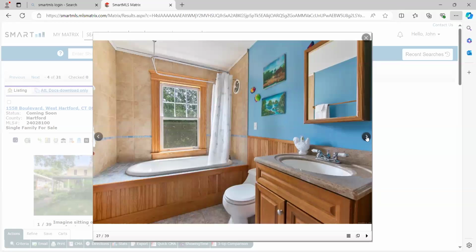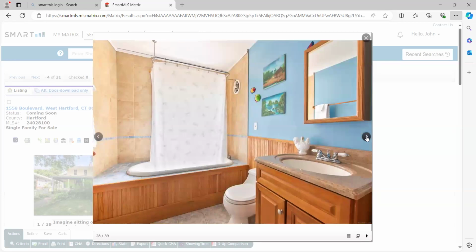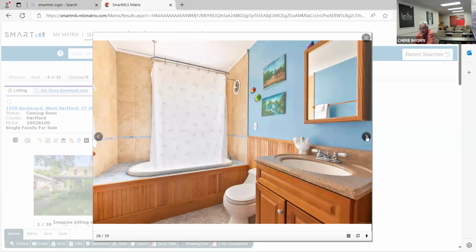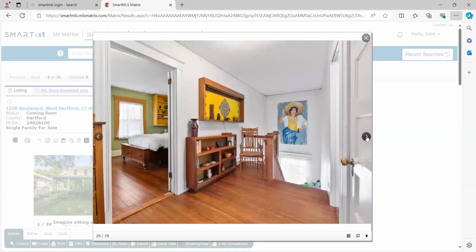The soaking tub and a shower, that one's a little awkward. For me, trying to get in and out of there would be more work than I would care to put into it.